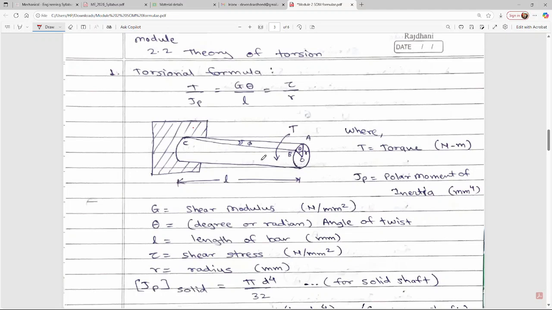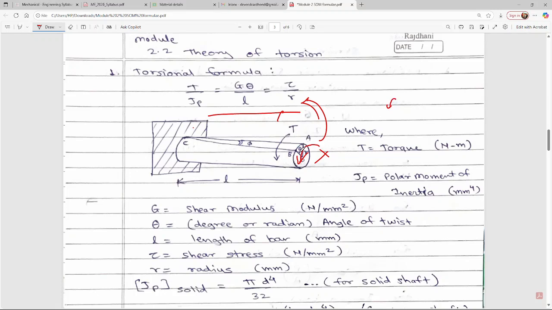If it bends or permanently damages, permanently rotates something, then it will not be useful. It means this formula will fail. This formula works only up to its elastic limit.